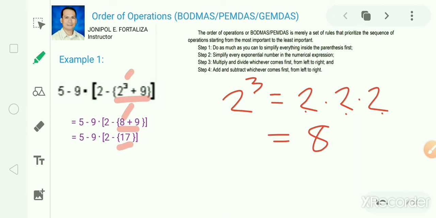Then, since we are still in this grouping symbol, we are going to consider first the 2 minus 17. And 2 minus 17 is equal to negative 15. That is based on the rules in adding or subtracting signed numbers.